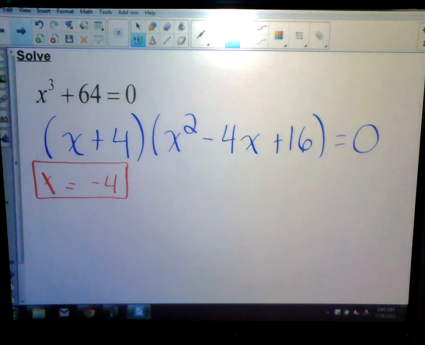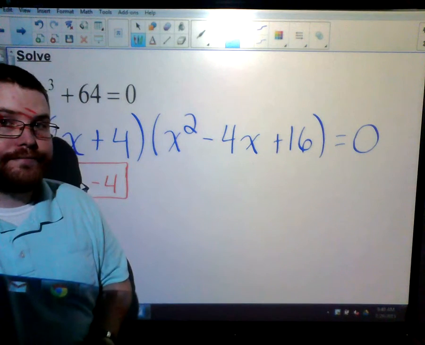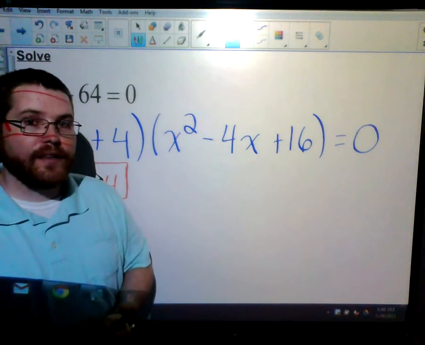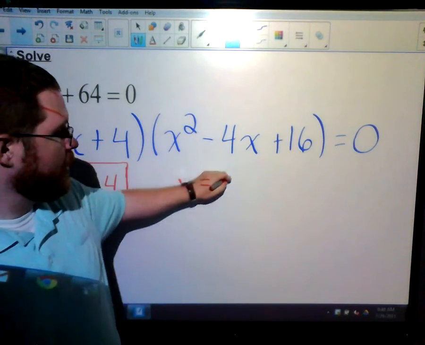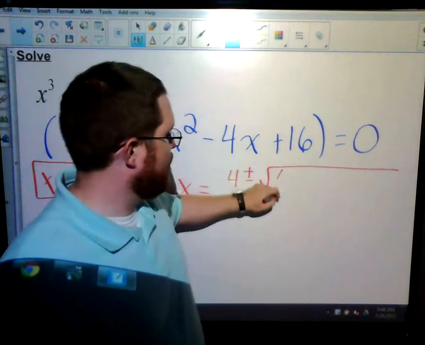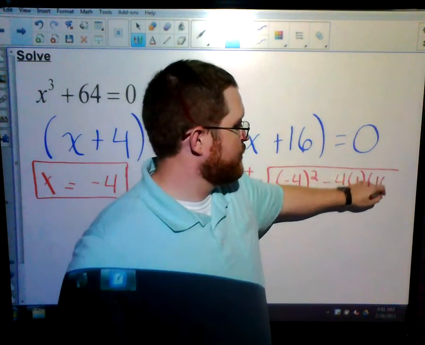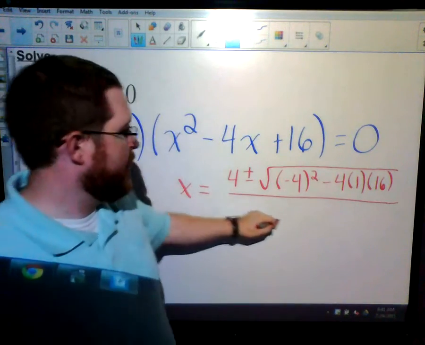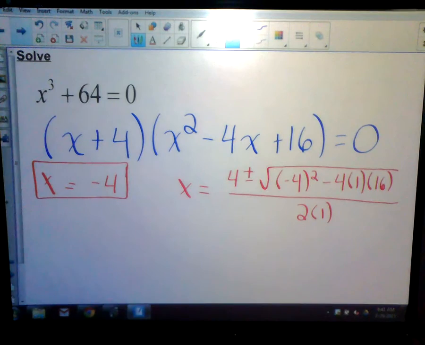That's easy. This one is not as easy. This won't factor. So how do I solve a quadratic that won't factor? I have to use quadratic formula. Opposite of b plus or minus square root of b squared minus 4ac all divided by 2a. Now let's clean it up.